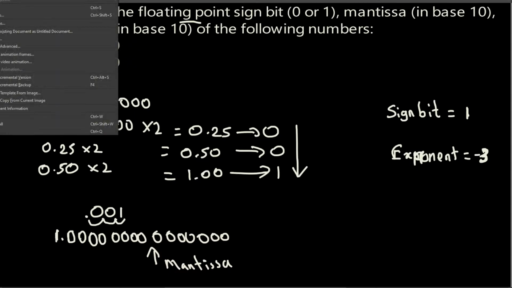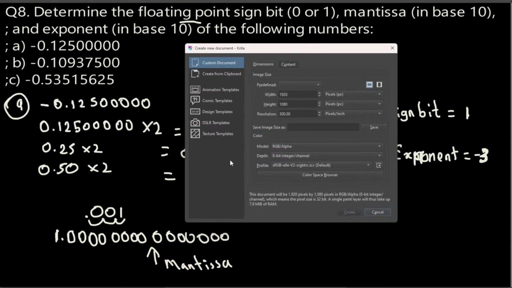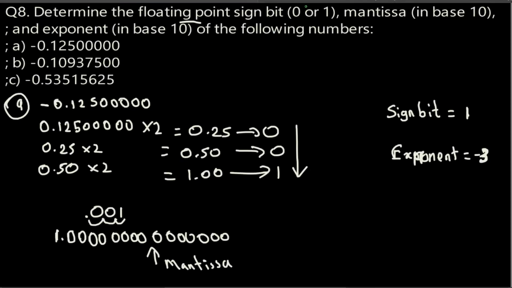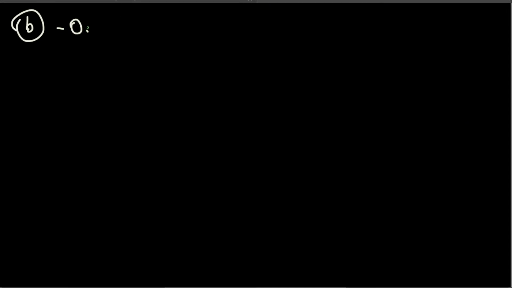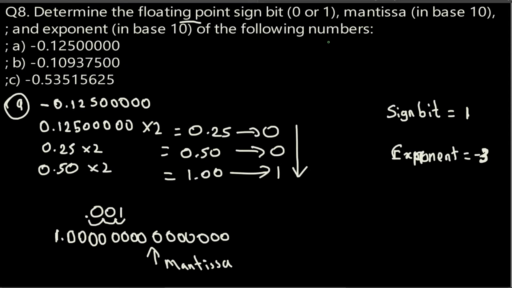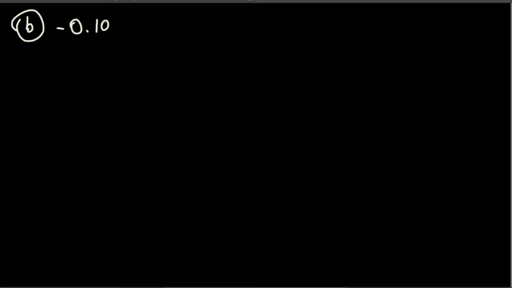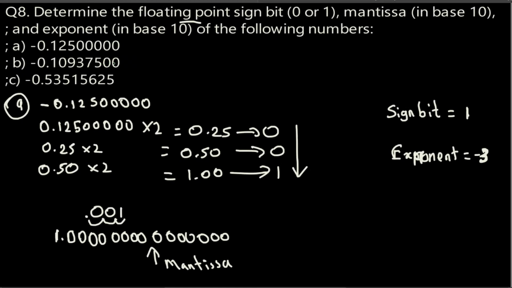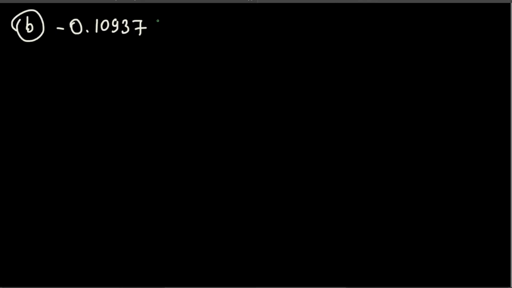Now let's look at the B part. In the B part, we have the number negative 0.10937500.